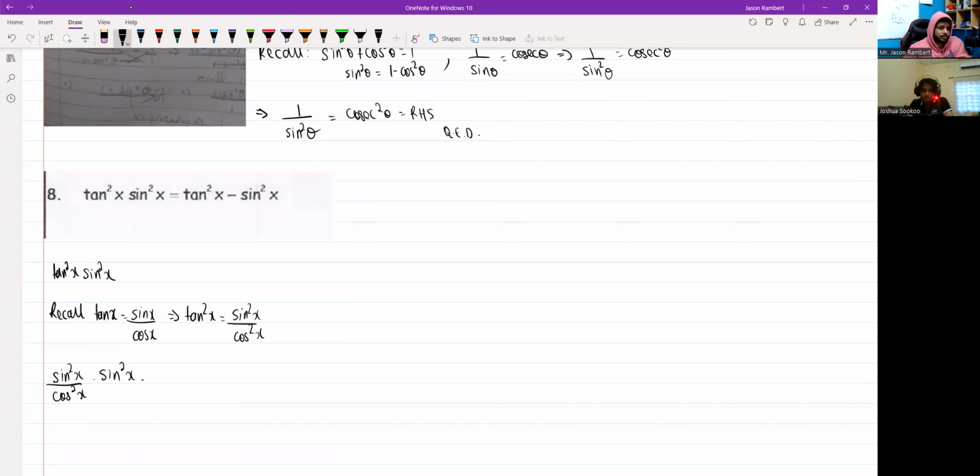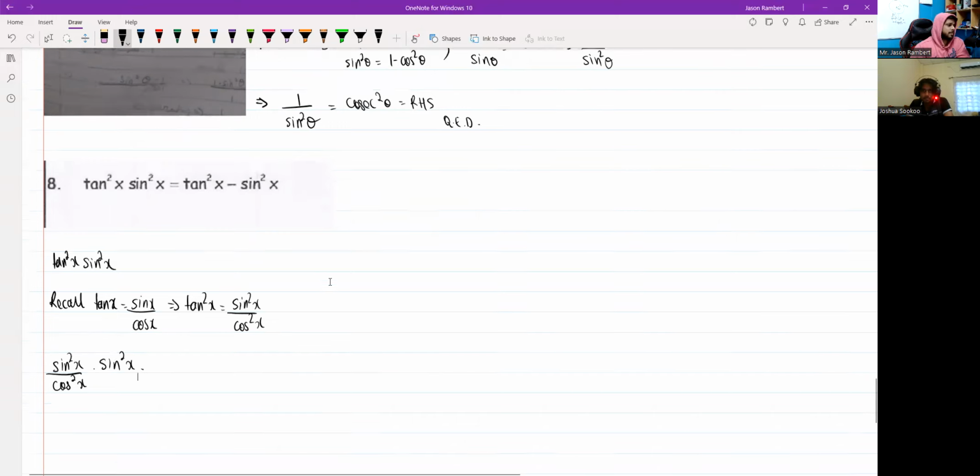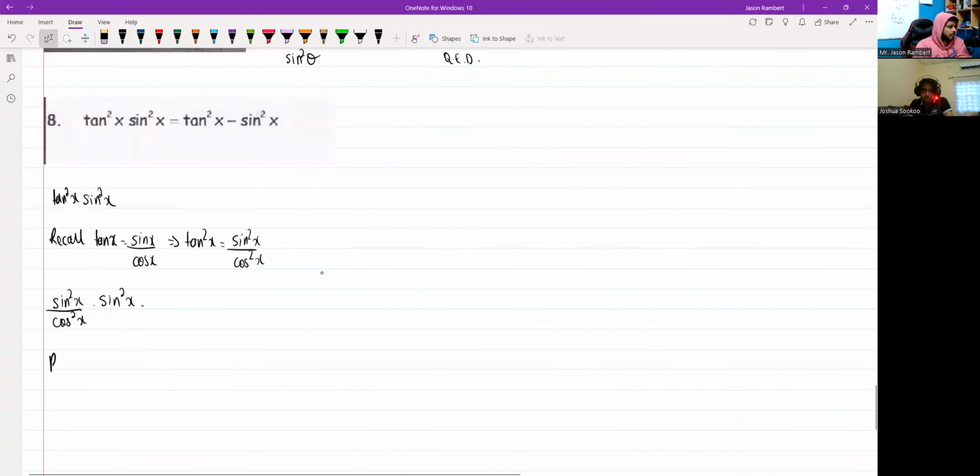Fair enough? Let me try that. Recall sine squared x plus cos squared x is equal to 1. So sine squared x is 1 minus cosine squared x. I'm using it on the sine squared x alone. Cool.